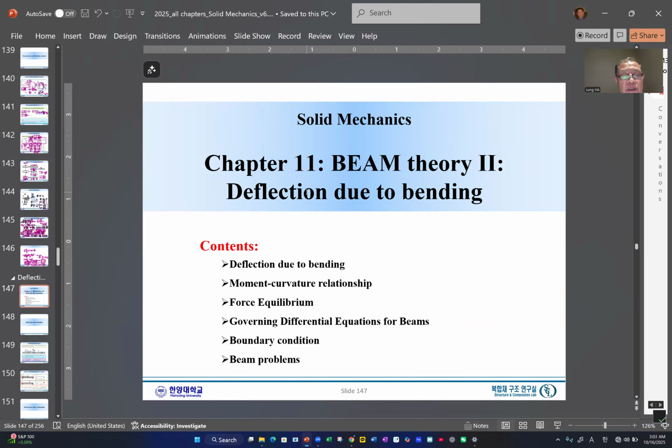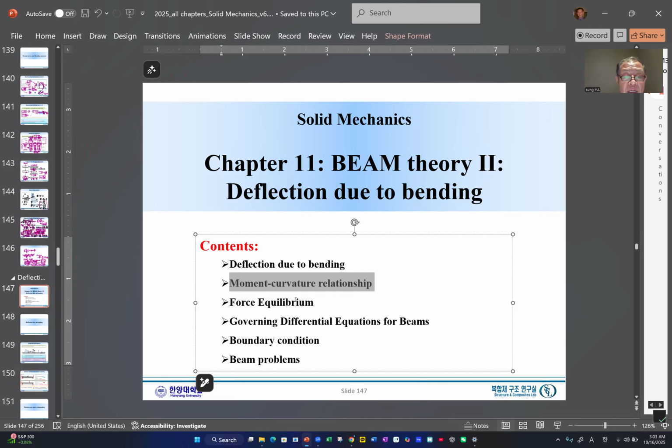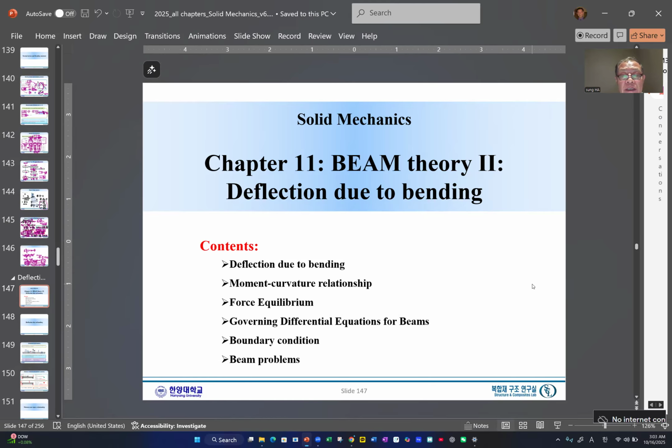It is so important. Beam theory, deflection due to bending: the moment-curvature relation, the force equilibrium and governing differential equations, boundary conditions, and beam problems. This is the subject we will cover, and this is the core, the real essence of this strength of materials or solid mechanics course.